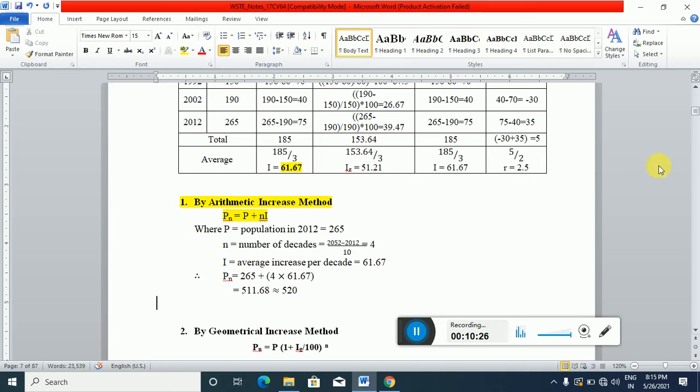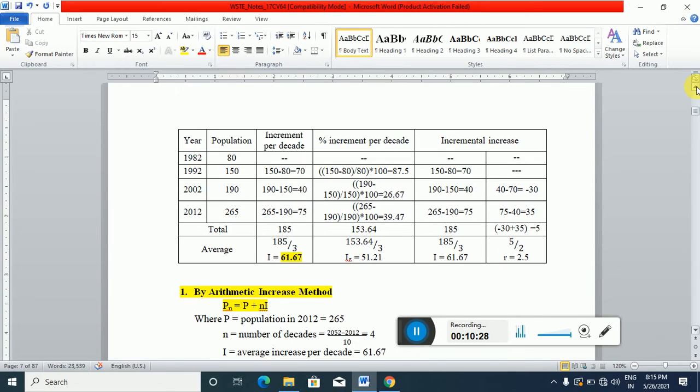Now coming to the geometrical increase method, we have to concentrate on this column. To find the geometrical increase per decade, we have to calculate the percentage increase for each decade. There won't be any value for the first column because there is no increase in population for this year.